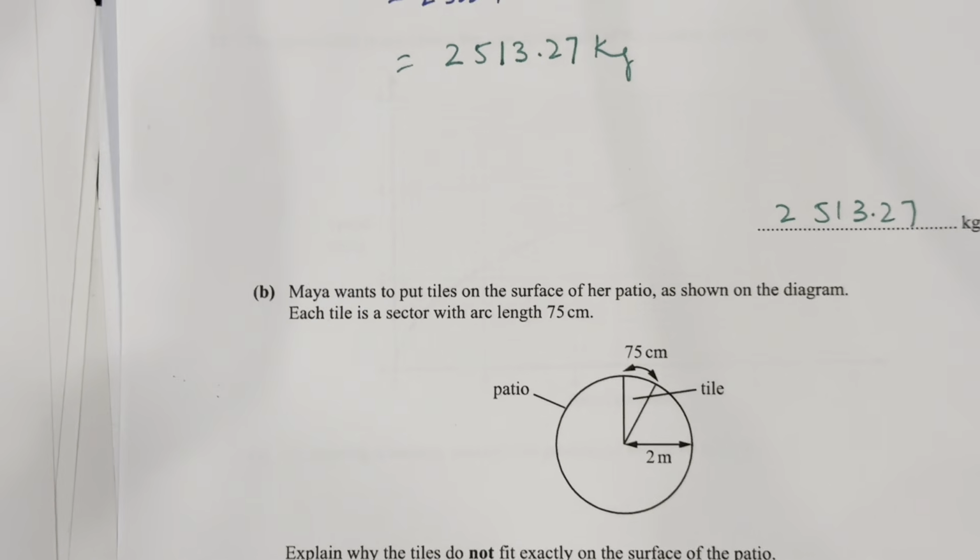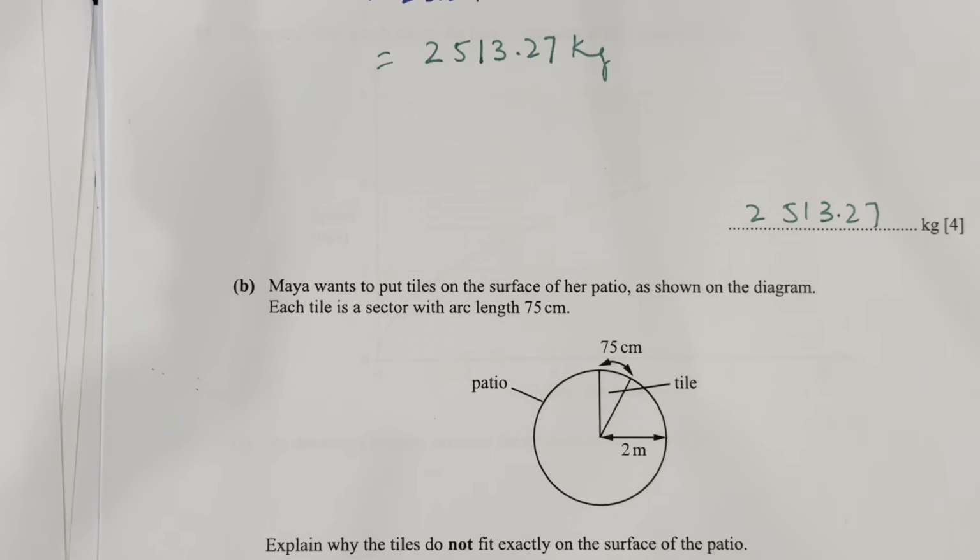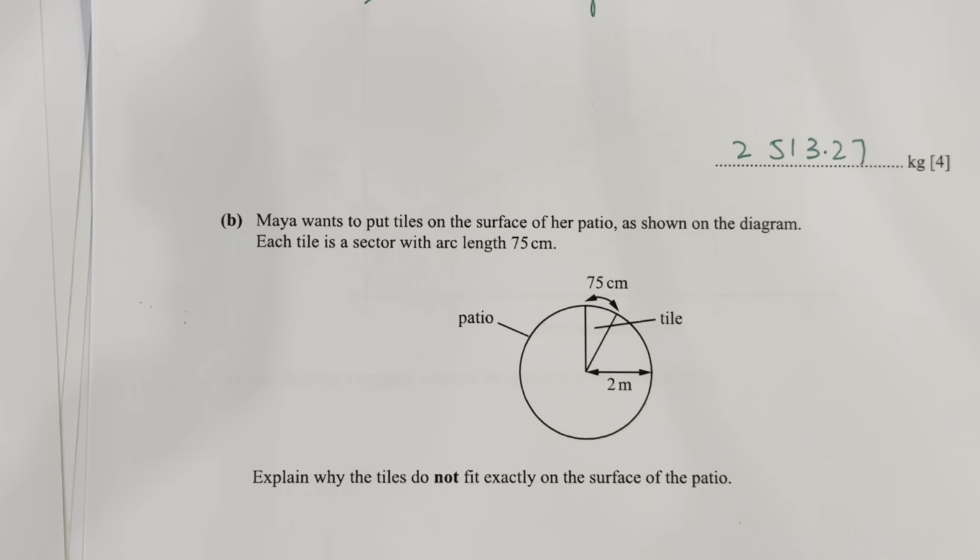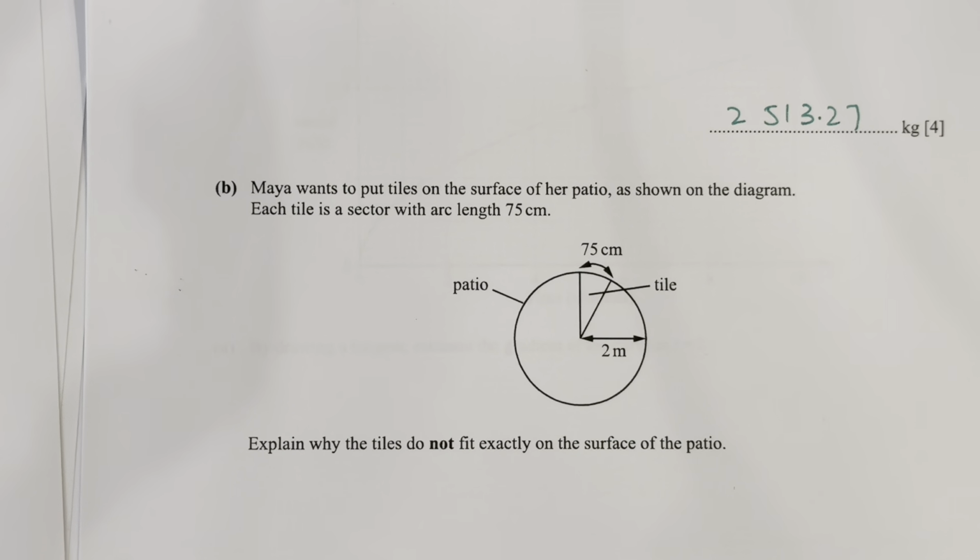Moving to the next part, Maya wants to put tiles on the surface of her patio as shown in the diagram. Each tile has an arc length of 75 centimeter. Explain why the tiles do not fit exactly on the surface of the patio.